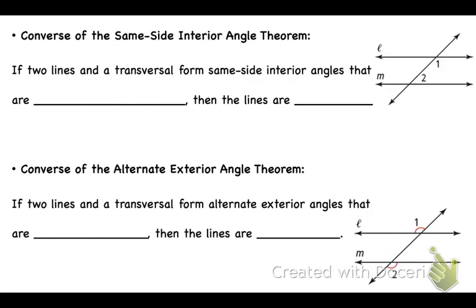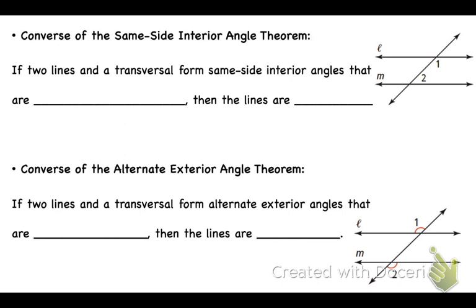Okay, so the converse of the same side interior angles. So what do we know about same side interior angles when the two lines are parallel? They are what to each other? No one knows. After all last week, no one. They're supplementary, meaning they equal 180.